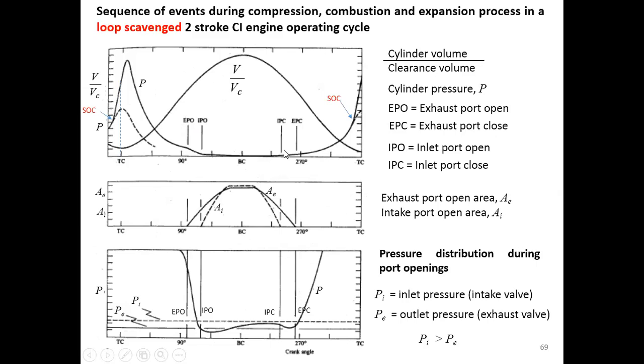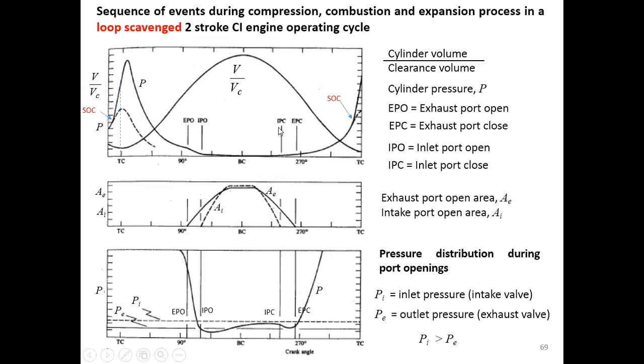Then after the piston moves up from the top dead center, the inlet port closes. The inlet port opens after the exhaust port opens, but the inlet port will close before the exhaust port closes.